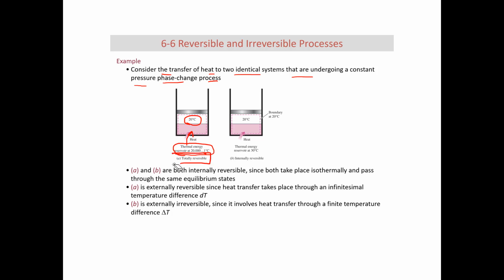That would be something called totally reversible. Internally reversible would be if I have a thermal energy reservoir that has a temperature higher than the inner temperature that allows me to transfer heat. So in this example, both A and B are internally reversible since both take place isothermally and pass through the same equilibrium states. A is externally reversible since the heat transfer takes place through an infinitesimal temperature difference. And B is externally irreversible since it involves heat transfer through a finite temperature difference.